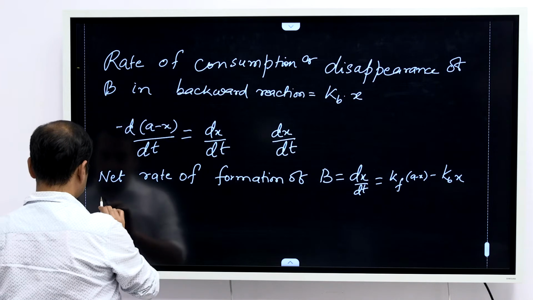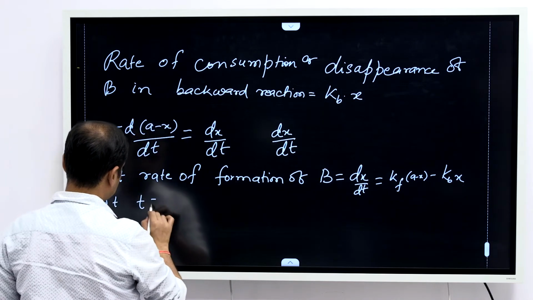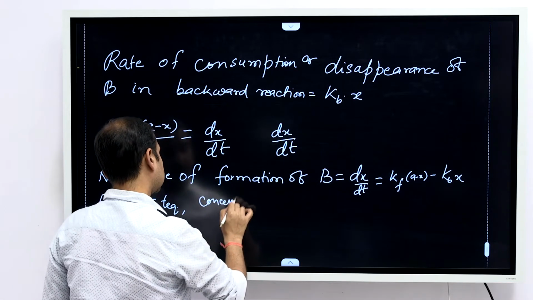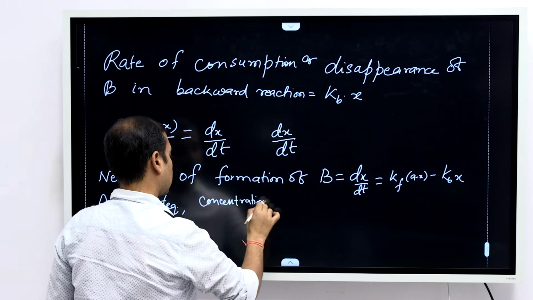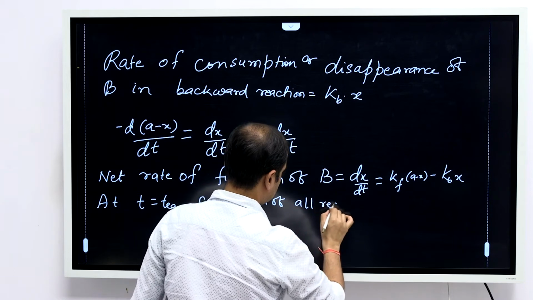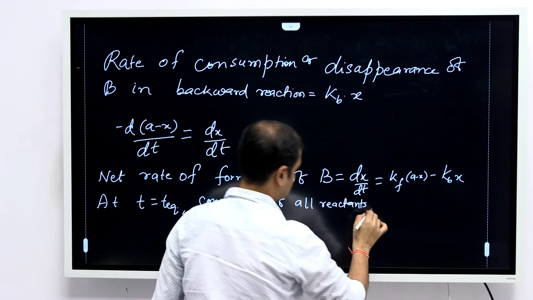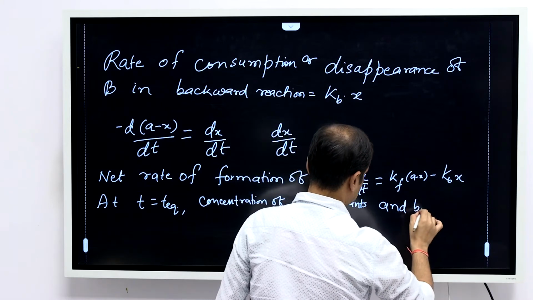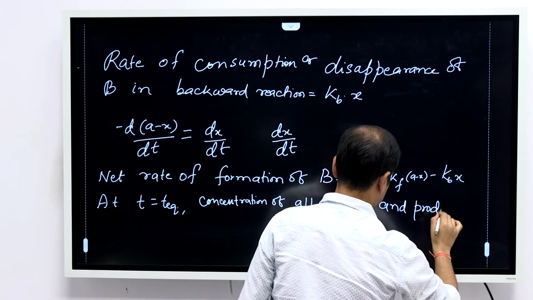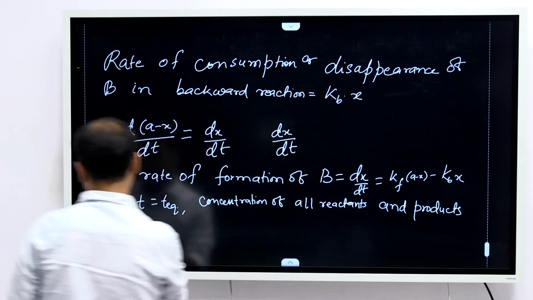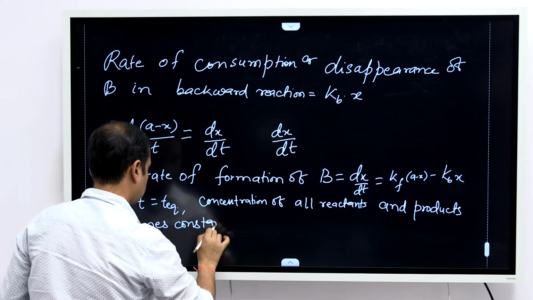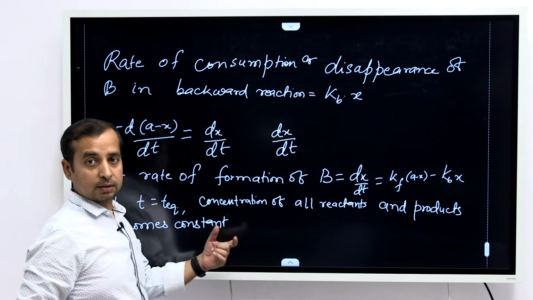Now at t is equal to t equilibrium, the concentration of all reactants and products becomes constant and the net rate of reaction is 0.